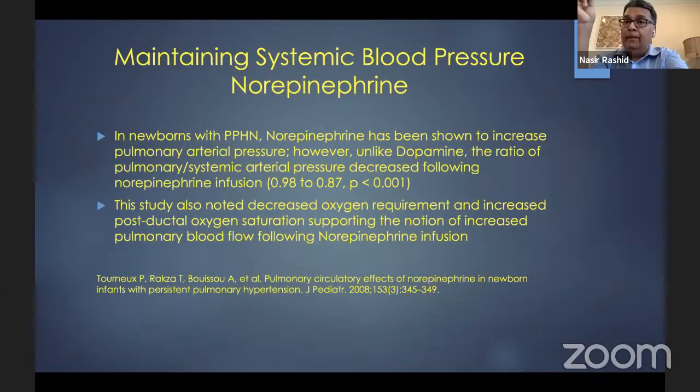So actually it helps in improving the blood flow to the lungs. So that's why a lot of folks have started using norepinephrine, based on the data that was published in 2008 from the study that is mentioned at the bottom of the slide.